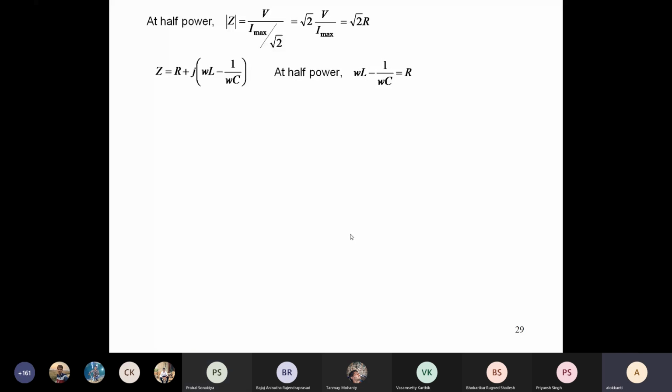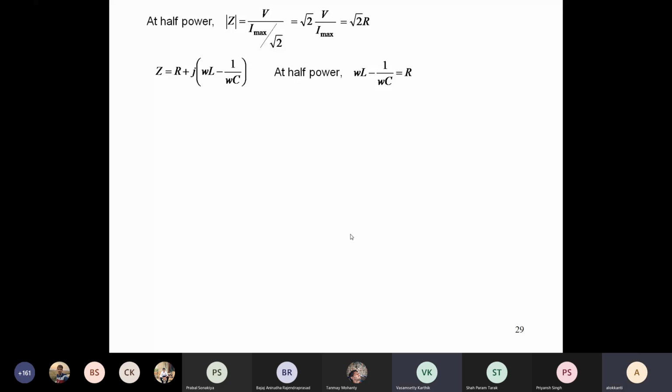Omega 1 is equal to omega r plus omega r by 2q, and omega 2 is equal to omega r minus omega r by 2q. I have taken omega 1 to be the lower one. Omega 2 minus omega 1 is equal to omega naught by q.